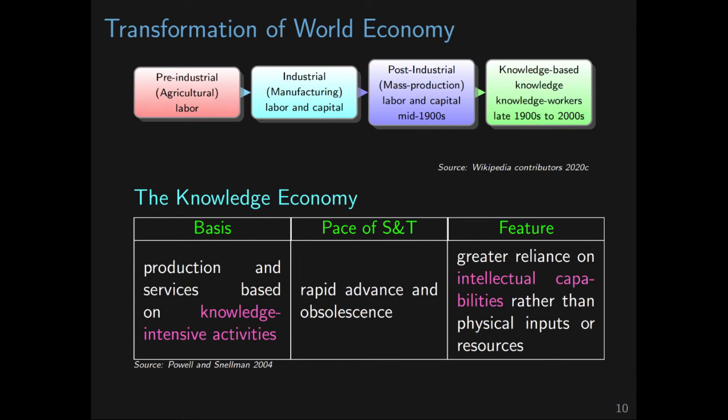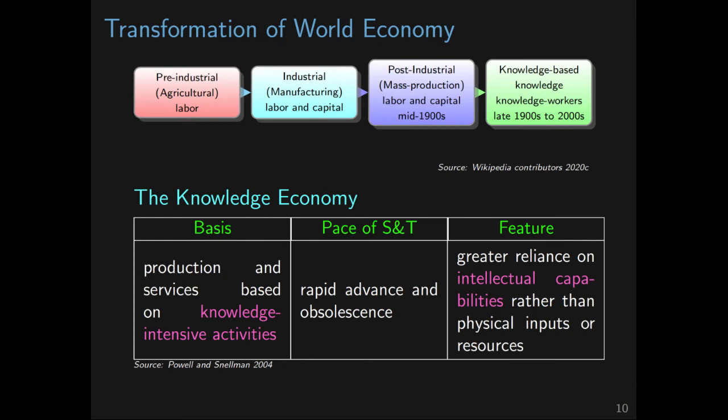The knowledge economy is also characterized by the rapid progress of science and technology, and of course also the obsolescence of technology itself. But the greatest feature of the new world economy is that it is reliant on intellectual capabilities rather than physical inputs or resources.